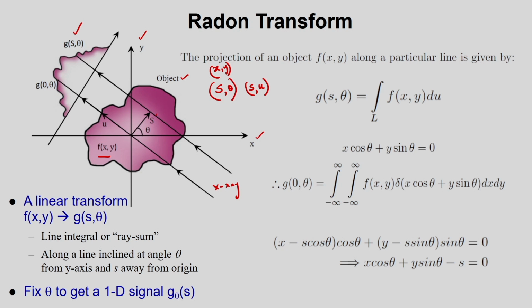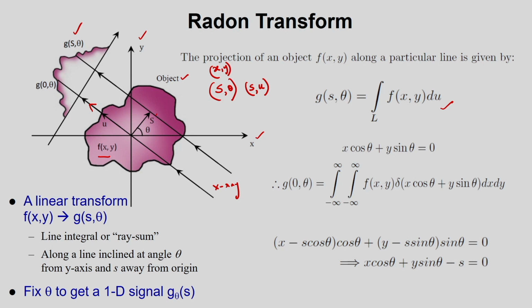So fix theta to get a 1D signal, g_theta(s), that means I am getting one projection, that is g(s, theta) corresponding to a particular angle. Now, what is g(s, theta)? It is nothing but the line integral of f(x,y) along the direction of u, along this direction, that is the definition of g(s, theta).